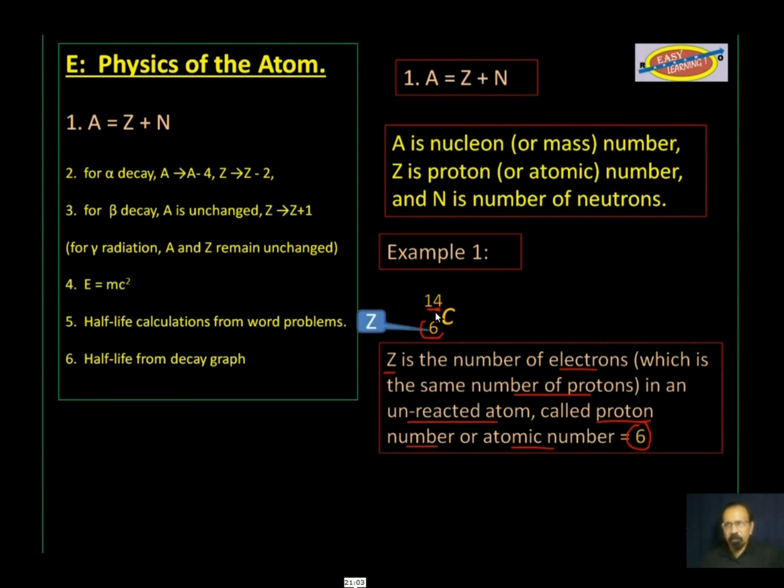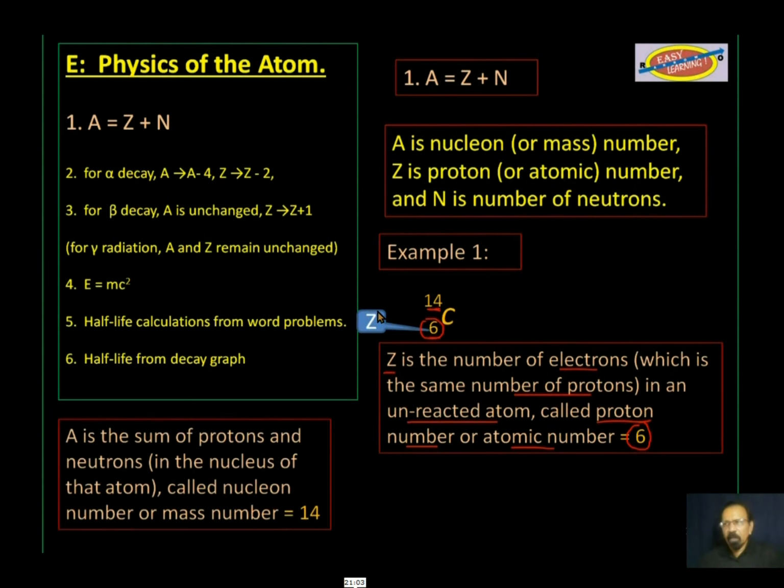This 6 here. A is the sum of protons and neutrons in the nucleus, of course, and is therefore called a nuclear number or the mass number, and in this case, that is 14.